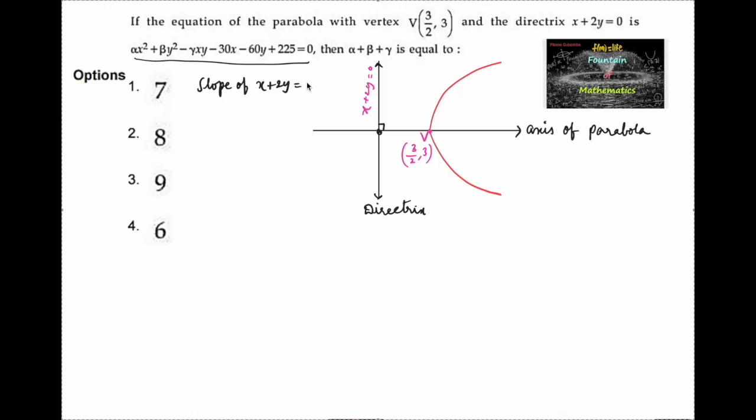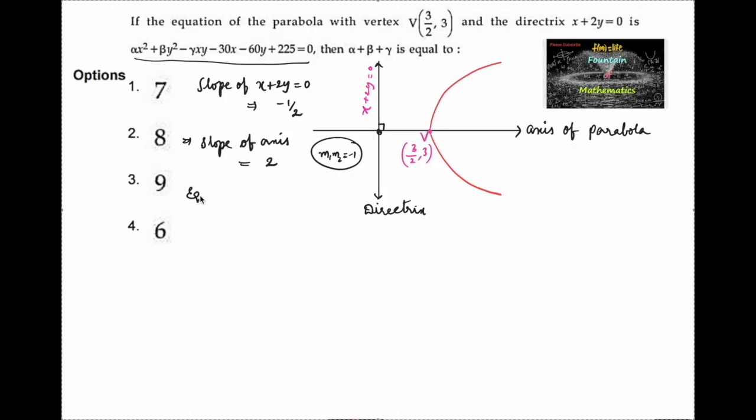Slope of x plus 2y is equal to 0 is minus 1 by 2. Which implies the slope of the axis of parabola is equal to 2, since axis and the directrix both are perpendicular. And it is passing through the vertex.